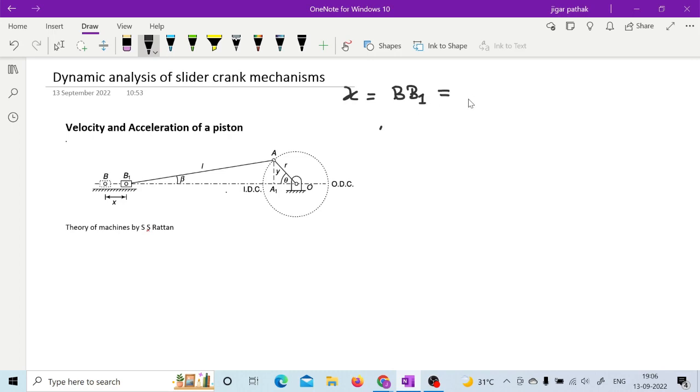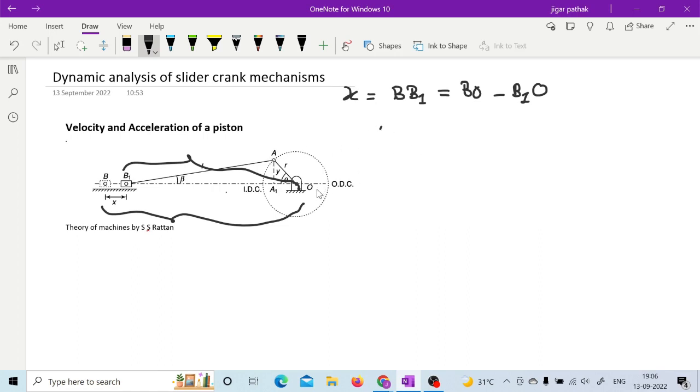If you see the figure clearly, this BB1 can be given by BO minus B1O, right? This is how you can have an idea about the distance traveled by the piston, BB1.